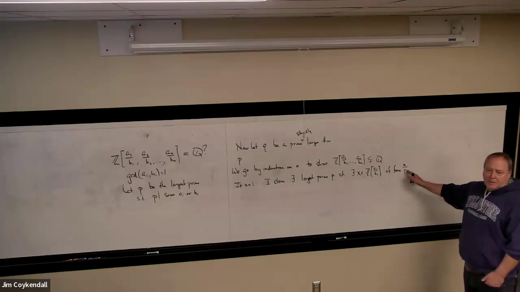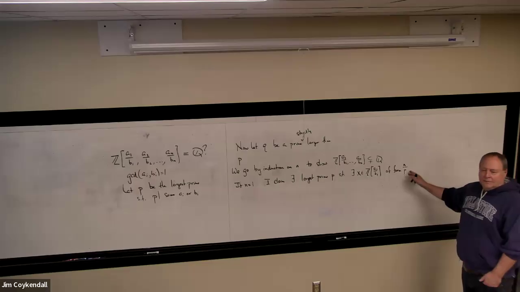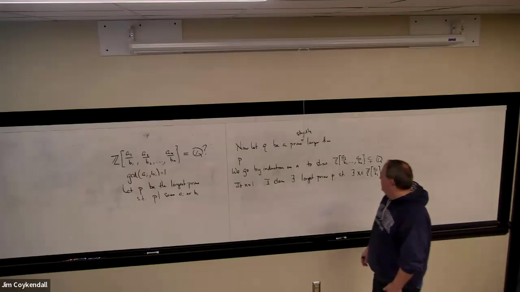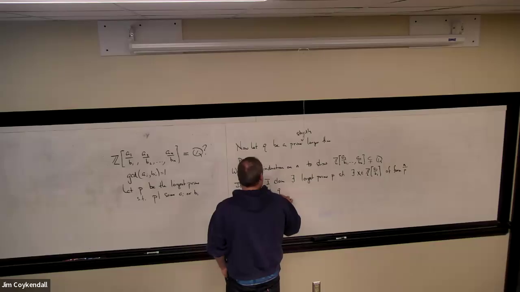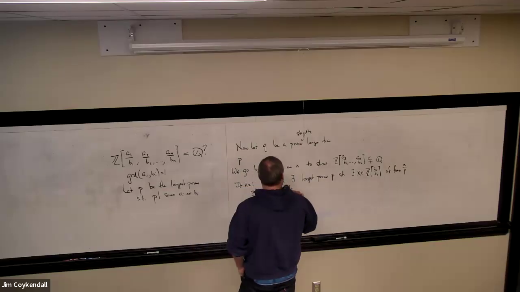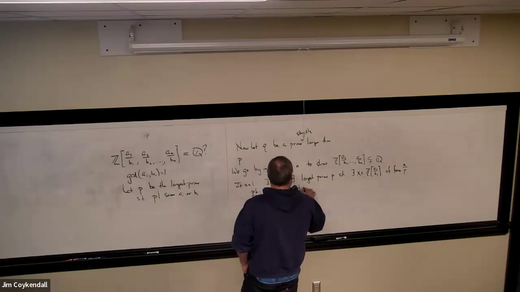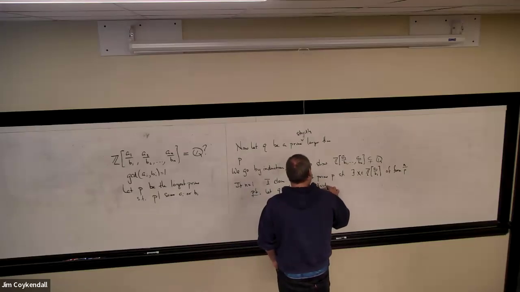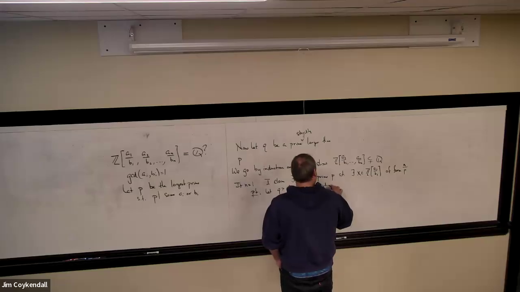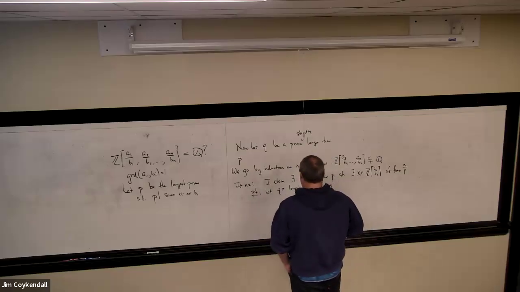Notice that maybe this prime appears to a certain power. I could just multiply it down until I get a single P in the denominator. All right. Proof: let Q be bigger than the largest prime dividing B1.